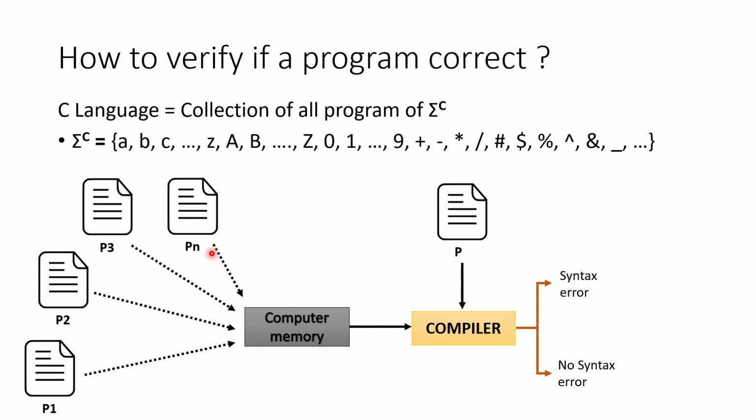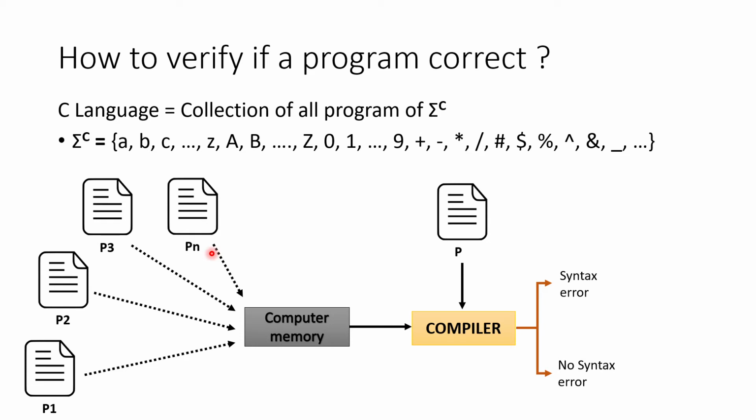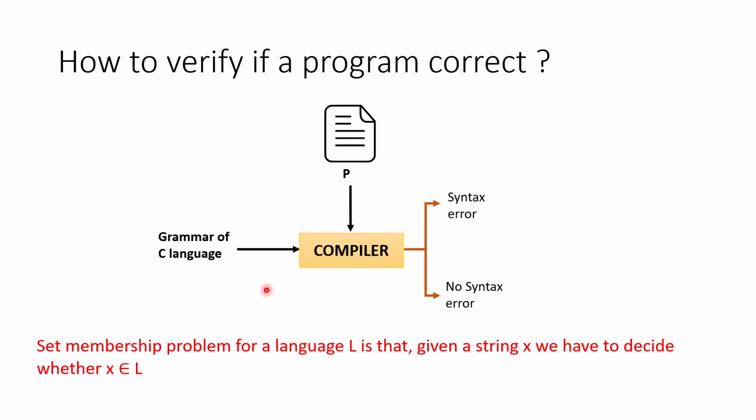And to find the solution to this situation, automata theory came. How? The same situation arises here. Since it is infinite, instead of considering an infinite number of programs, let's try to realize it with respect to the grammar of the C language.